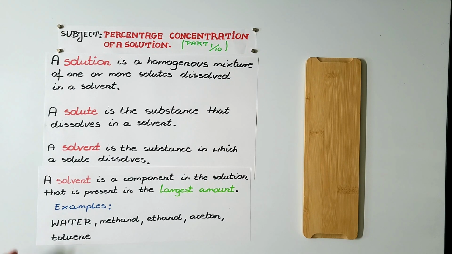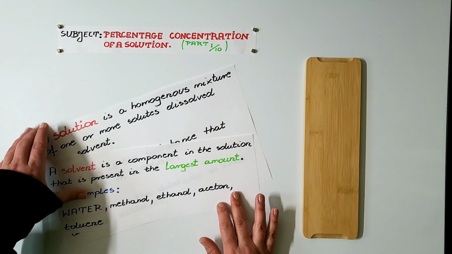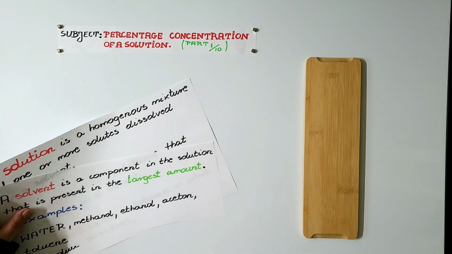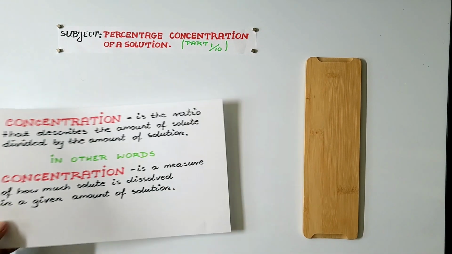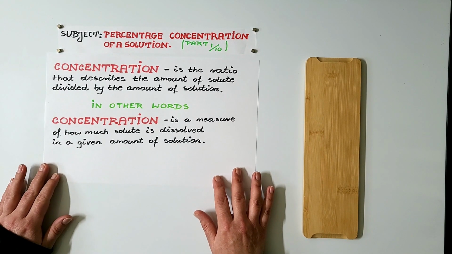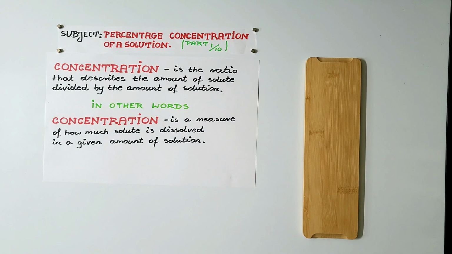Now the question is, what is the concentration of the solution and what is concentration at all? Concentration is the ratio that describes the amount of solute divided by the amount of solution.